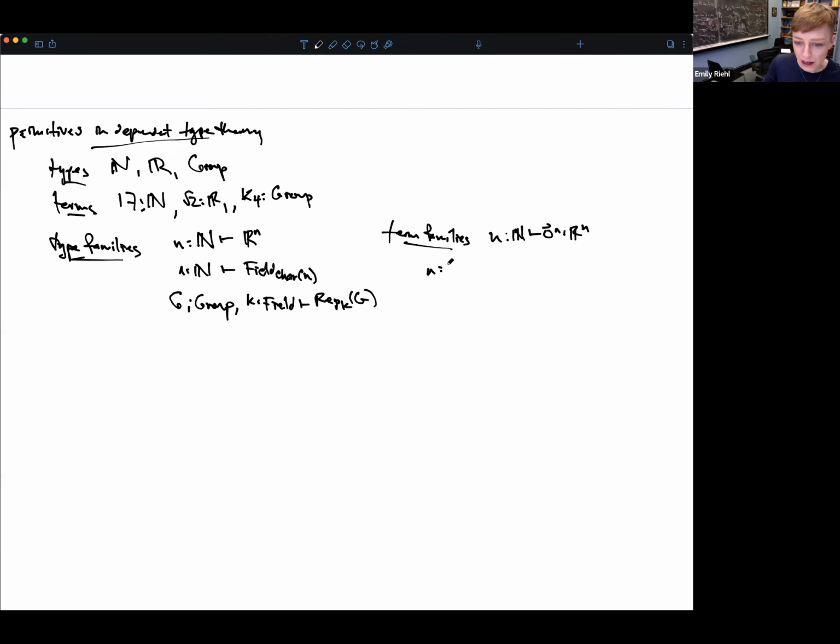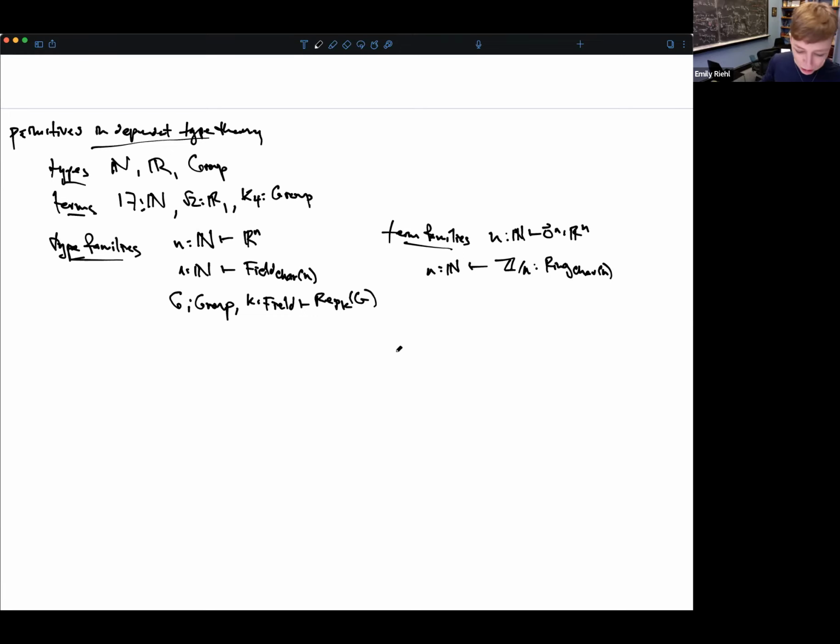But if I considered a similar family of rings of characteristic n as opposed to fields, then I do again have a term family. For each n, I can construct the ring Z mod n, which is a ring of characteristic n.